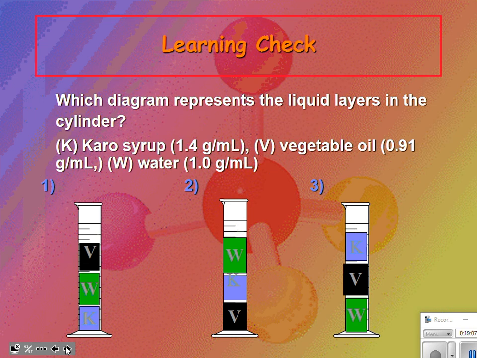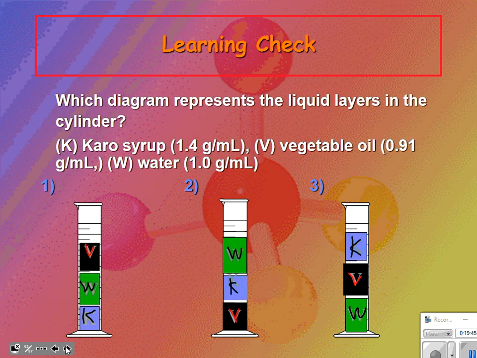Now, another learning check, dealing with densities here. Which diagram represents the liquid layers in the cylinder? K is equal to Karo syrup. Now, you guys can't see this very good, probably. So, that's a W. That's a K. The blue is K. That's a W. K, W. I think you can see the V's, but I'll fill in the V's here too.